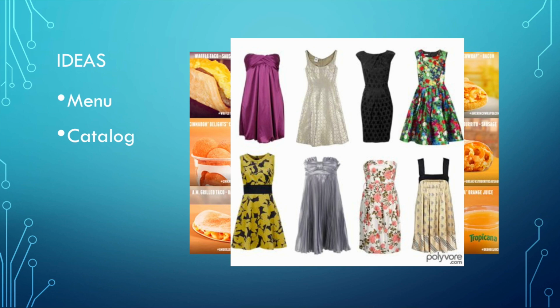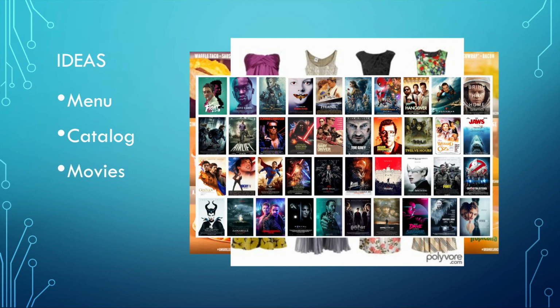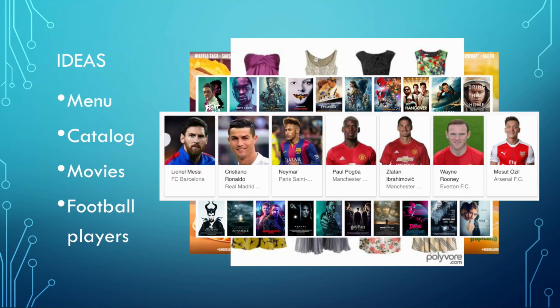Each one of these dresses could have different types of information about it. You could do it on movies that you like, or on football players that you like. Once again, the possibilities are endless, but you will need at some point early on in this project to come up with some type of idea.